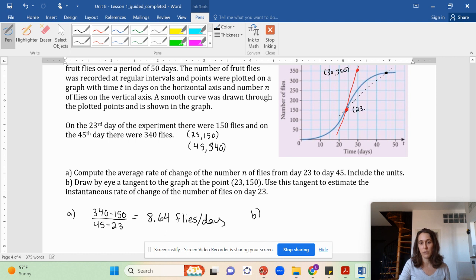And this was (23, 150). So we can find the instantaneous rate of change at the 23rd day, which will be approximately 350 minus 150 over 30 minus 23, which is 200 over 7.